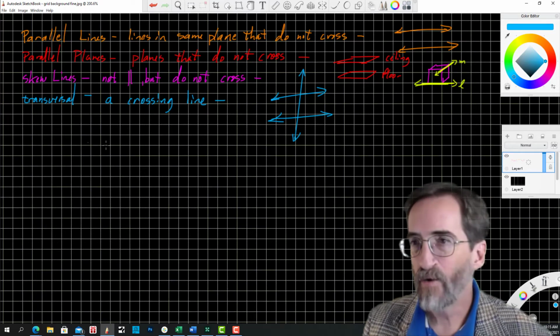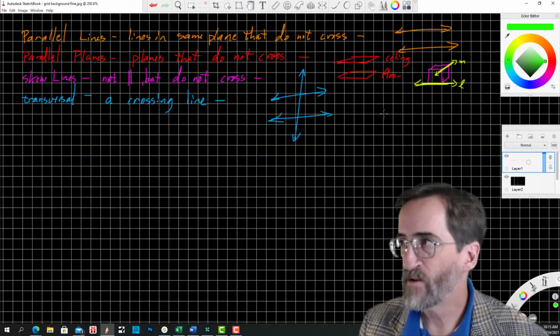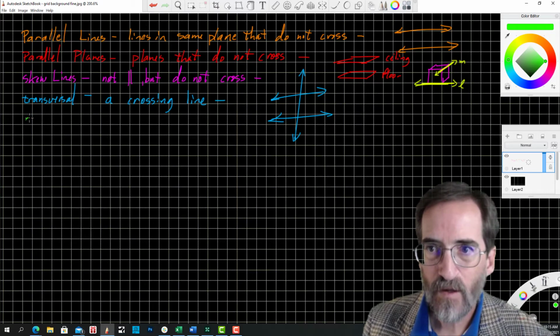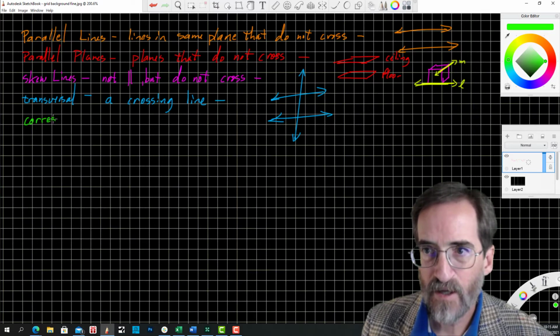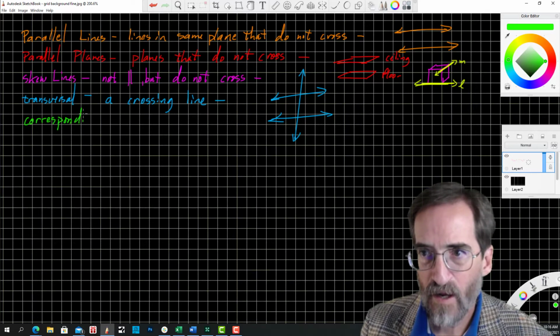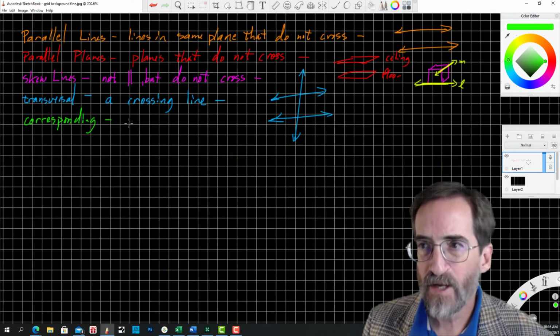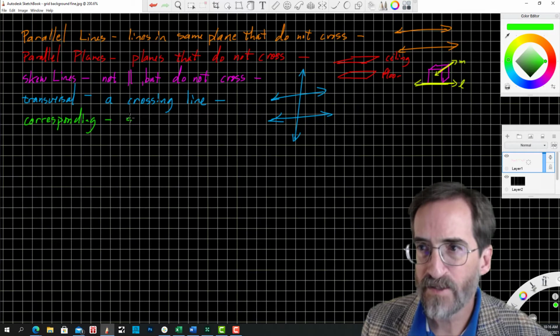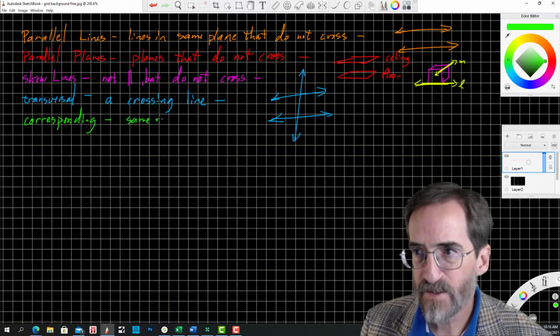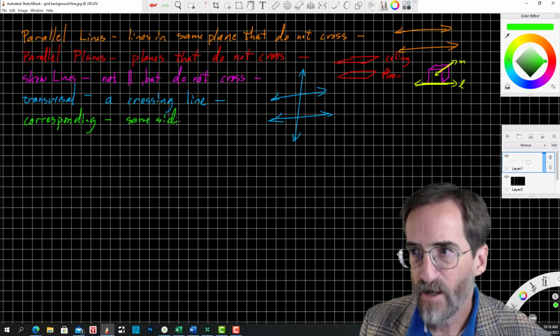All right. Now we need to identify the pairs of angles. Corresponding angles. Okay, corresponding angles are on the same side, different intersections.